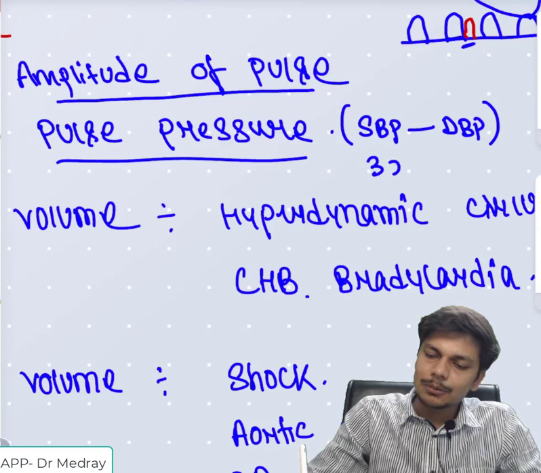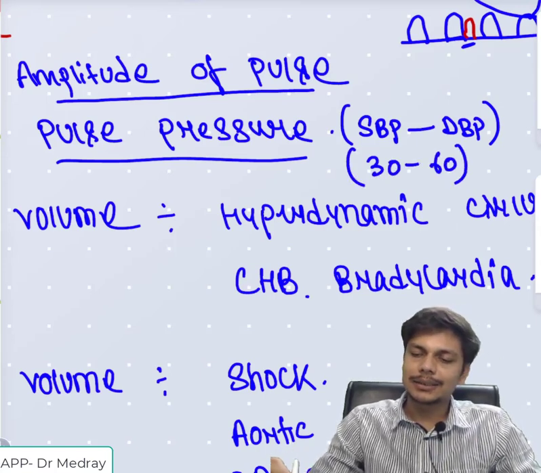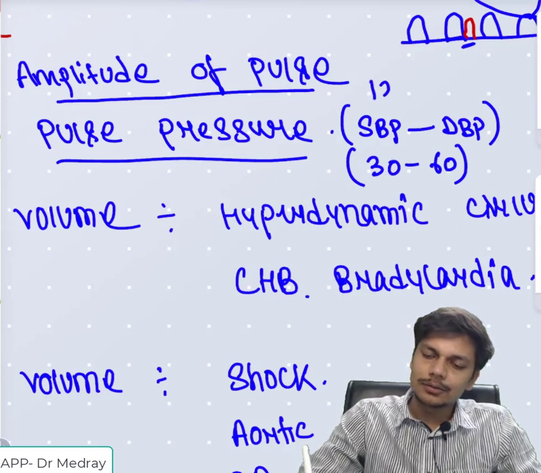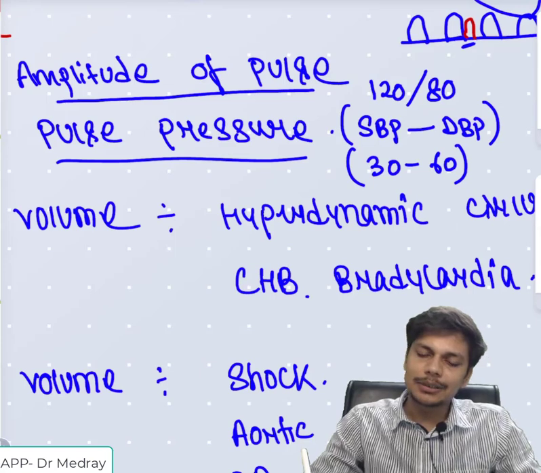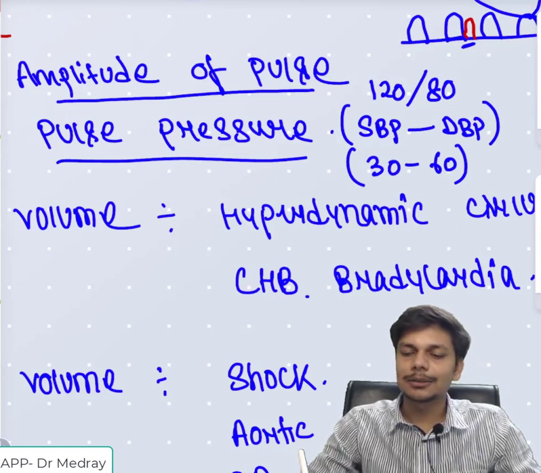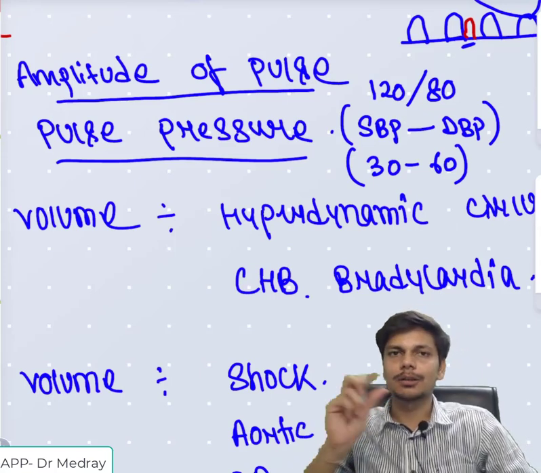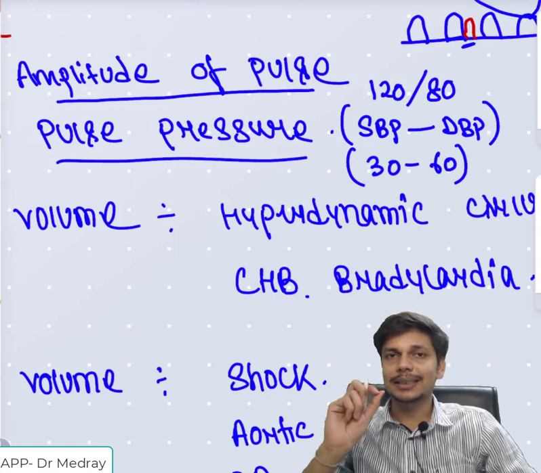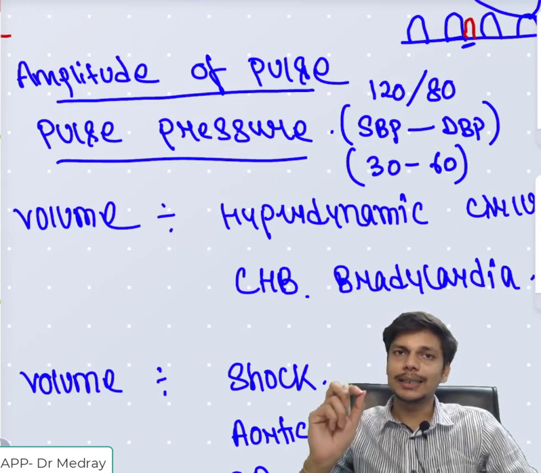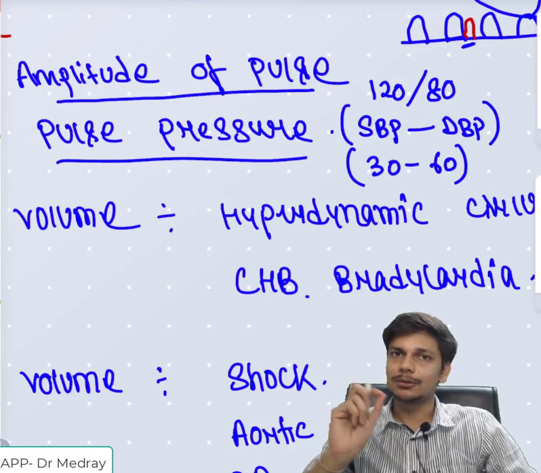Normally it is somewhere around 30 to 60. So if the patient has a systolic blood pressure of 120 and a diastolic blood pressure of 80, the difference, 120 minus 80, is 40. So that is normal. The normal can range between 30 to 60.